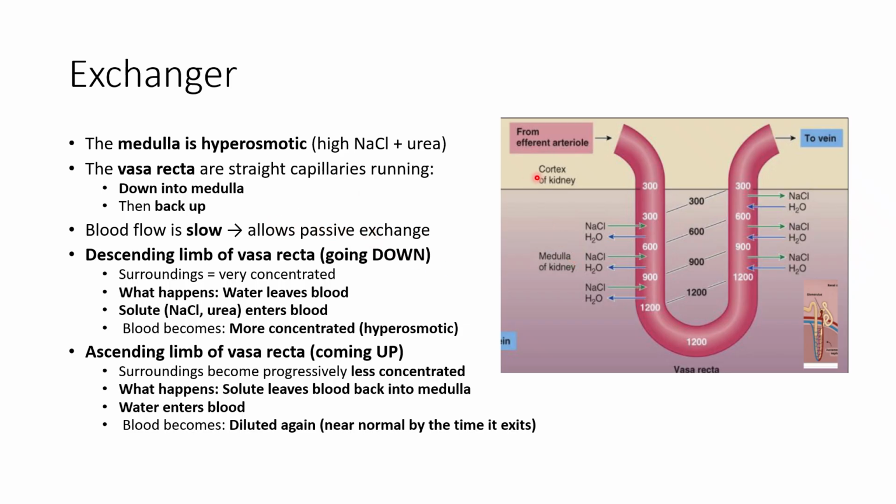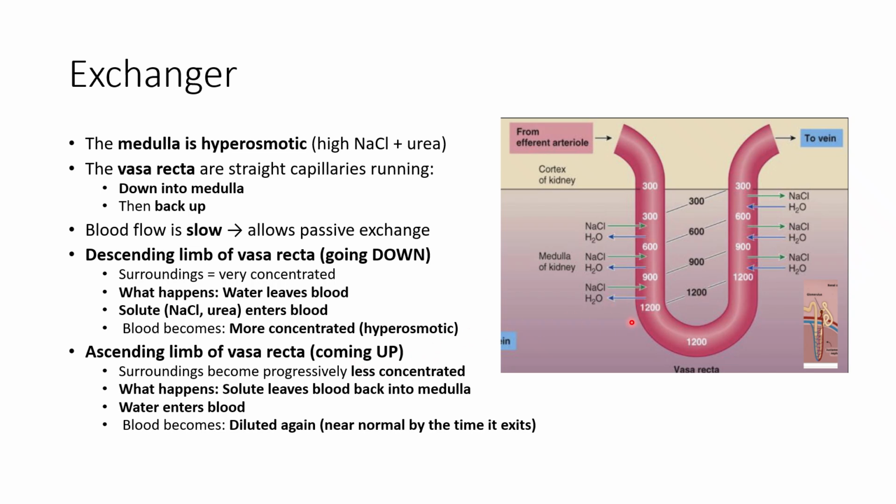Now the second thing that is happening is, when the blood is going down the descending limb of the vasa recta, the surroundings are very concentrated. You see, it starts with an osmolarity of 300 and at the bottom it is 1200. So due to this high concentration, the water leaves the blood because of increased concentration of water here and decreased concentration of water there, and the solute, the NaCl, enters inside to maintain isosmolarity.